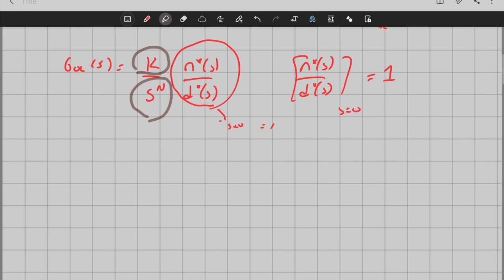This part is super useful to characterize steady state performance. And we call n the type of the system.